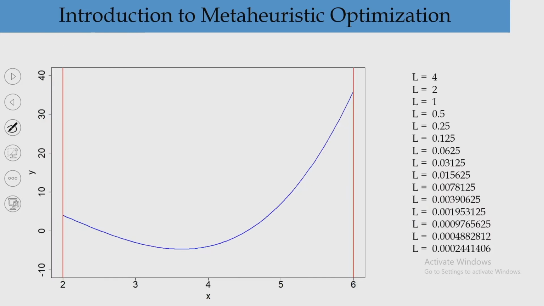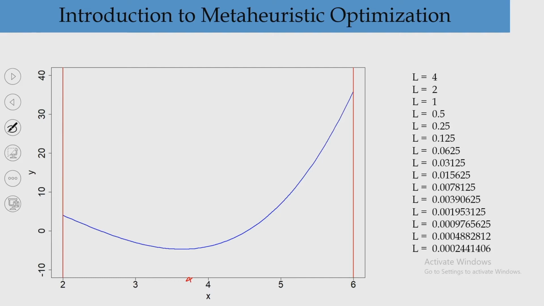Now, let us see, I would like to show you one example problem. Suppose this is a function and we have only one optimal solution somewhere here. Now, if I apply the region elimination technique, in this case I have applied, suppose, the interval halving method.